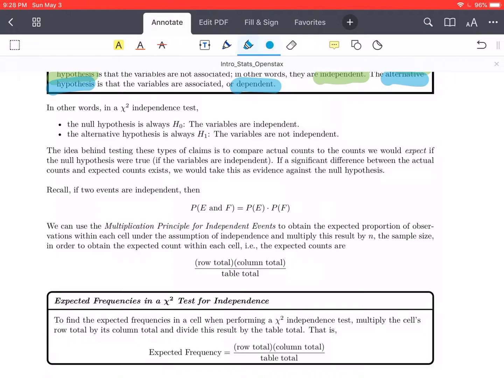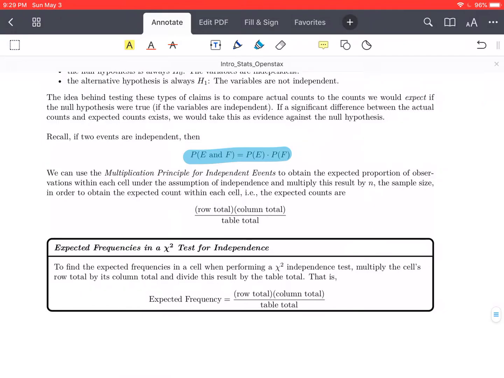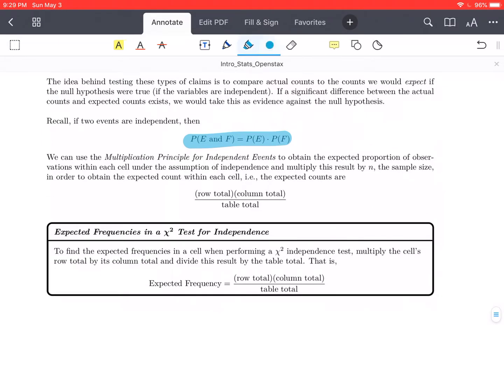Recall that if two events are independent, then we can compute their probabilities by this formula: the probability of E and F equals the probability of E times the probability of F. If we want to use this to determine our expected frequencies, we can look at the expected count as row total times column total over table total.